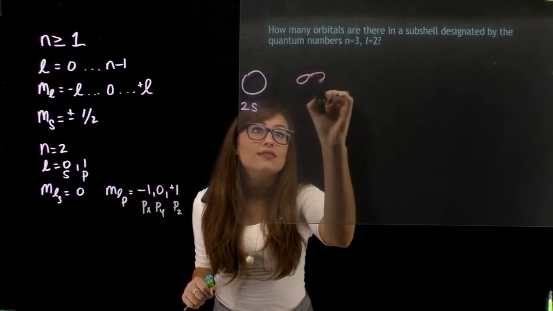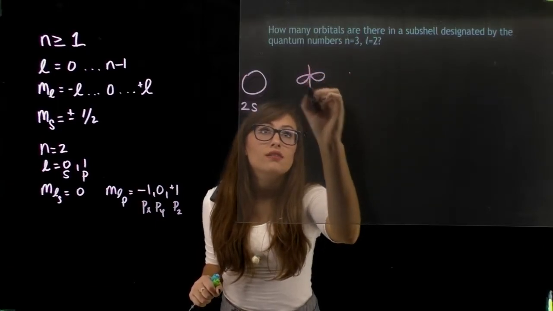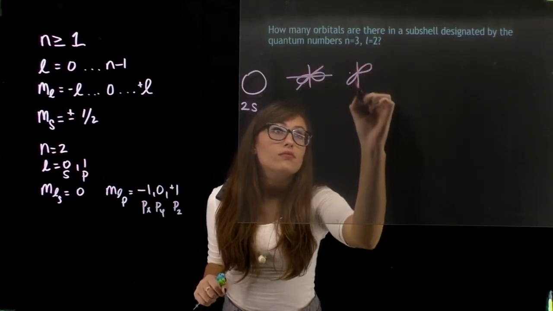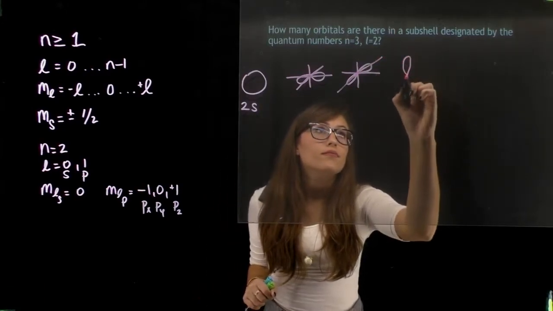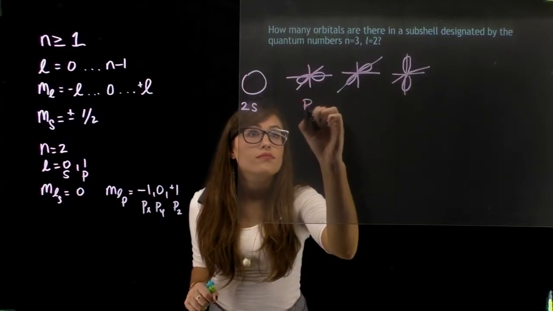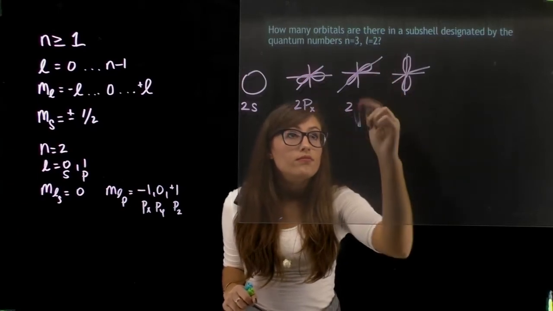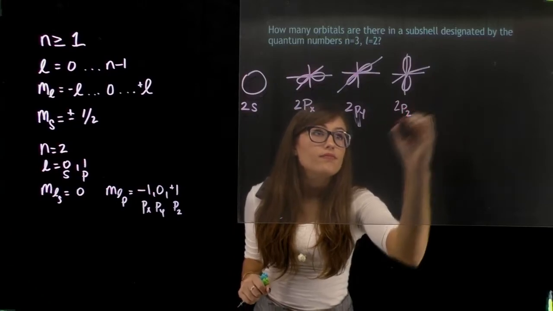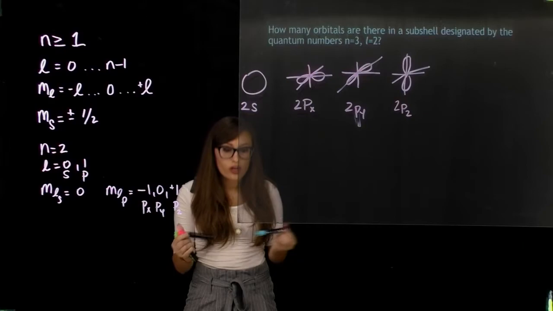So we have px, py, and then pz. 2px, 2py, and 2pz.